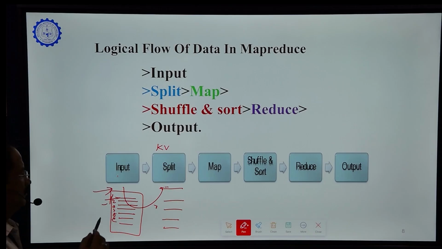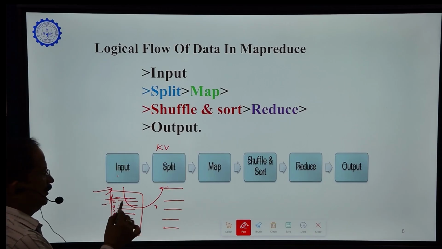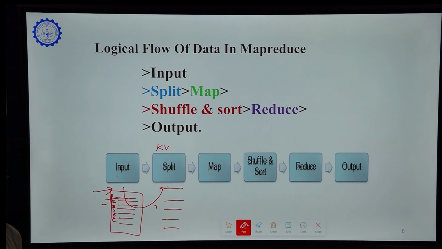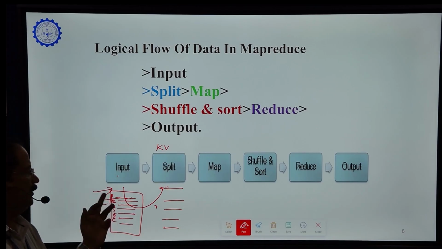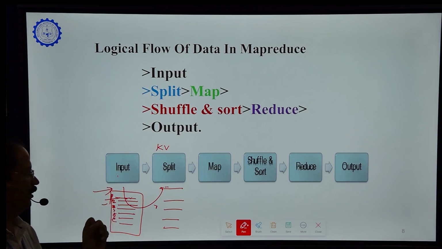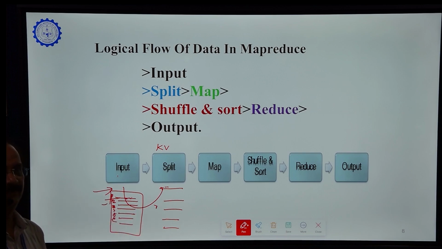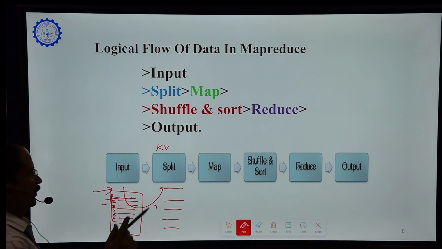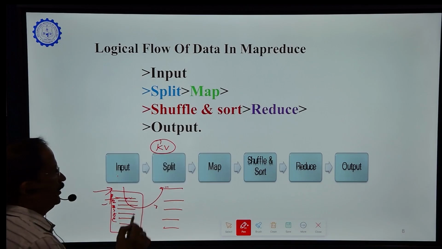Key value pair means, if we see this data 1, 2, 3, we can understand that a line is represented with a single number 1, 2, 3. So these are the keys, and with respect to the line, the statement is the value. So this is broken up into key value pairs.